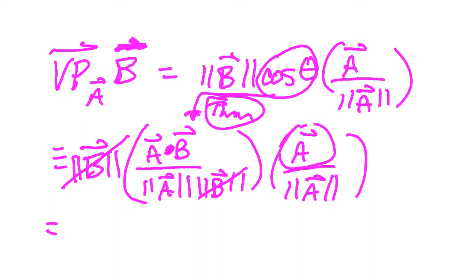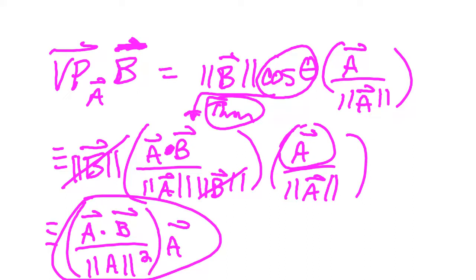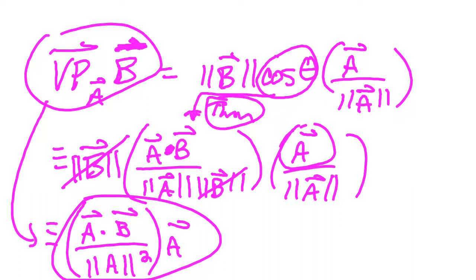So I can write the numbers out front and write that as A vector dot B vector over the norm of A vector squared, and then times A vector. All right, and if you want to put parentheses around that part as the number part, the scalar part, you can. But anyway, this is the vector projection of B vector onto A vector is given by this.